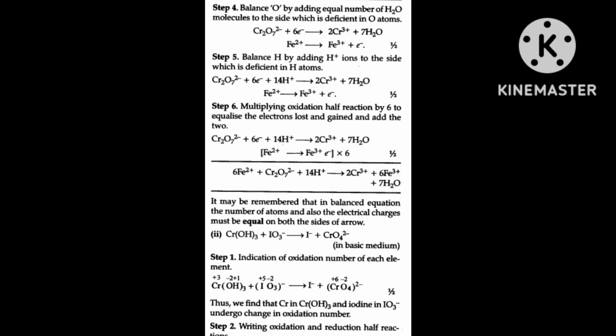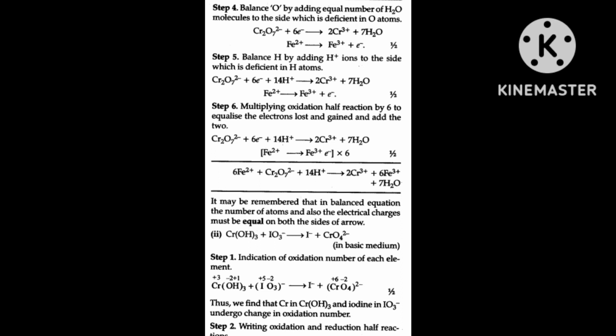First you find out who is losing electrons, or how many electrons they are losing. Then for MnO4, if you calculate the oxidation number of Mn in MnO4, very easily you can calculate.